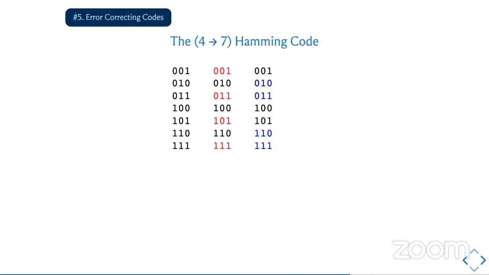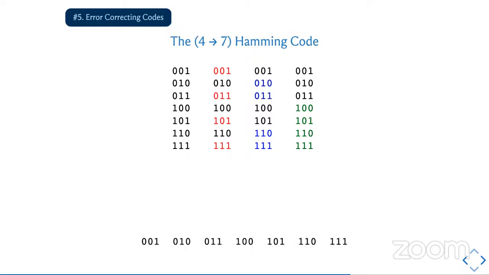These are some interleaved locations. And then look at all the locations whose leading bit, the most significant bit, is 1. This is the bottom half of the pile. So we are going to set our parity bits to be the first red bit, the first blue bit, and the first green bit.